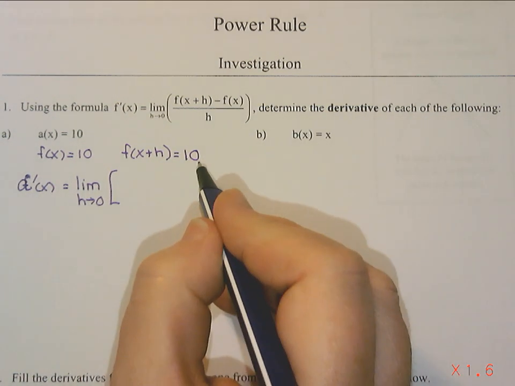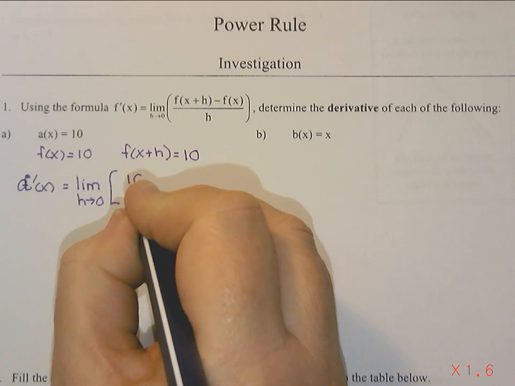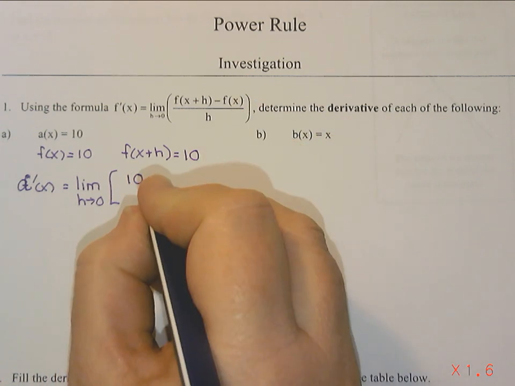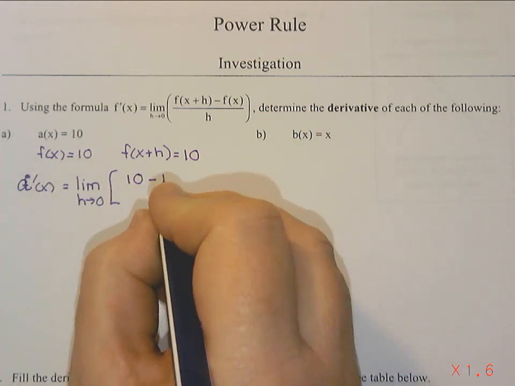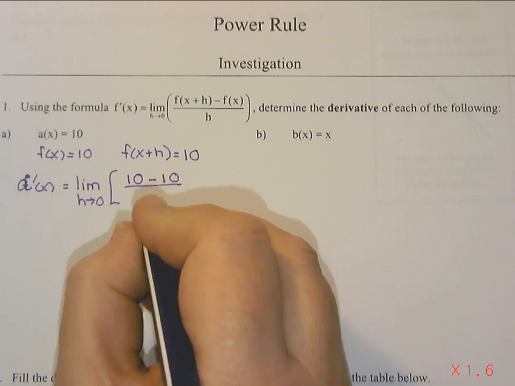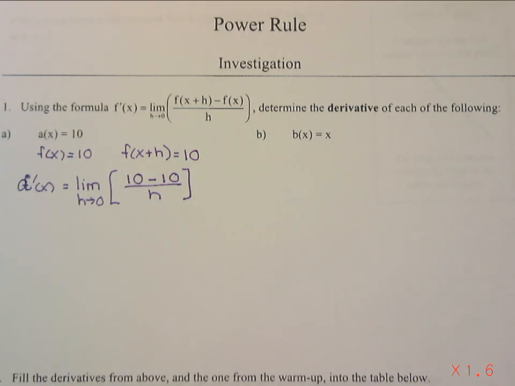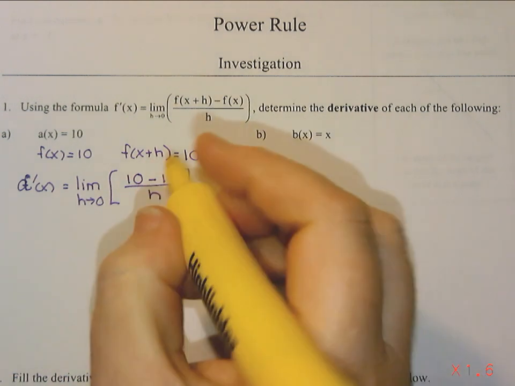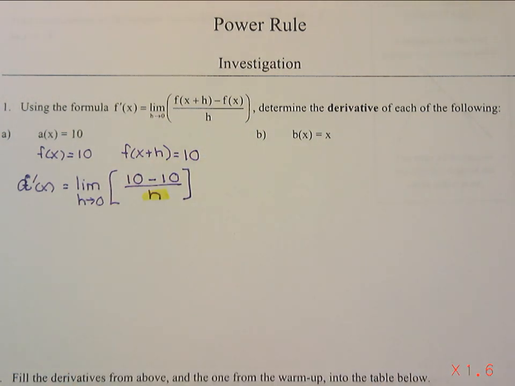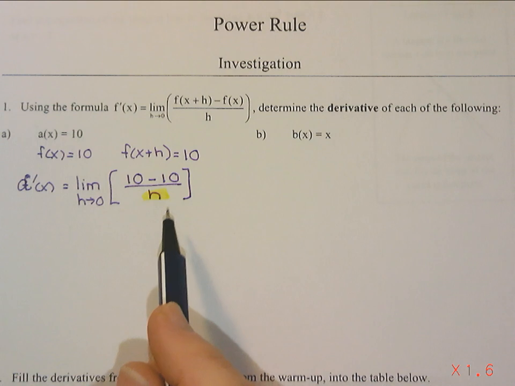So f of x plus h was just 10, and then minus f of x, which is also 10, and then divided by h. Now, we said before, our goal when we're doing this is to see if we can find a way to cancel out that h on the bottom, because as h approaches 0, we end up dividing by 0, and that's not good. So I am going to see if we can simplify that numerator a little.